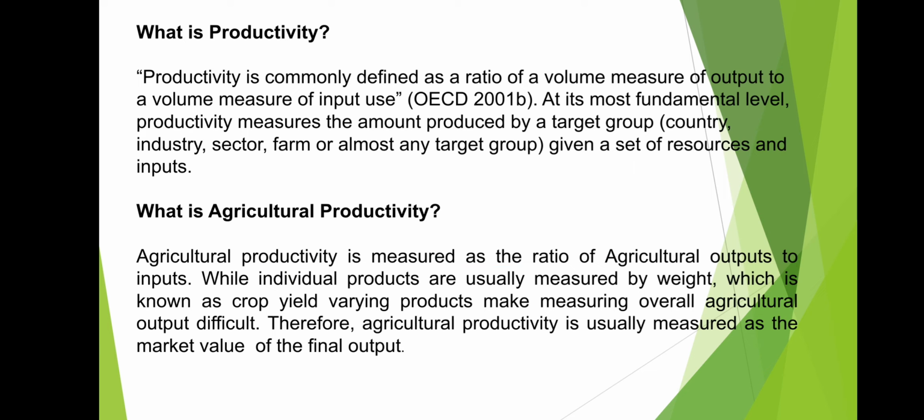Now we will discuss what is agricultural productivity. Agricultural productivity is measured as the ratio of agricultural output to the input. What amount of input we have used in the cultivation, and what is the total output we are getting. With that we can see the agricultural productivity.